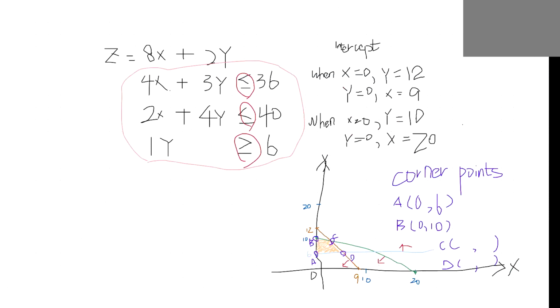Plug it back: 4x plus 3 times 6, that would be 4x plus 18. 36 minus 18 is 18, and then 18 divided by 4 is 4.5. That's good. So we know that y is 6 and x is 4.5.